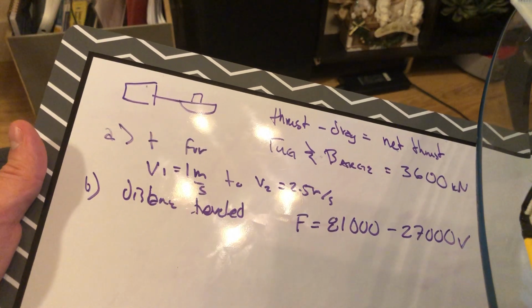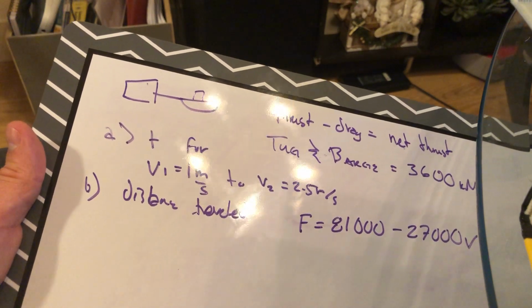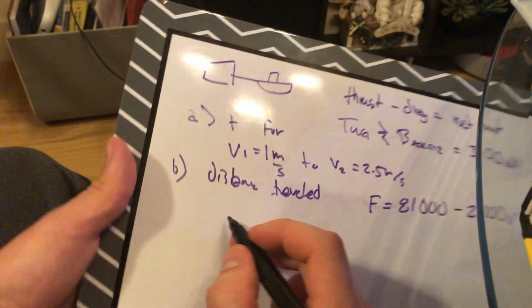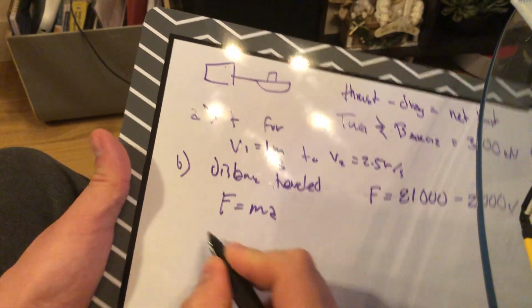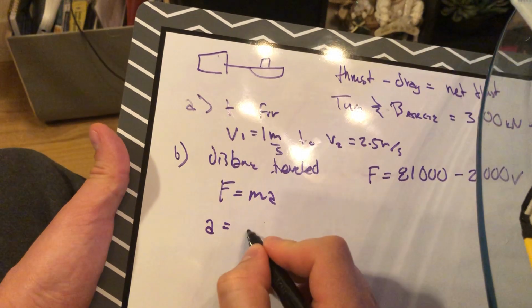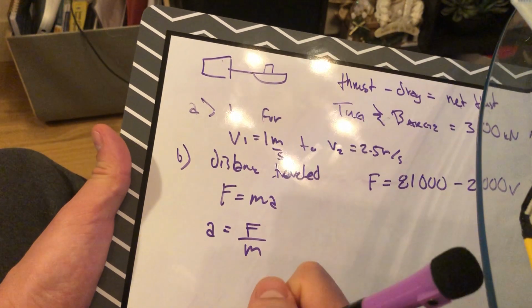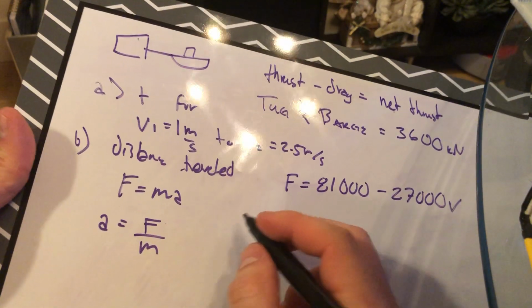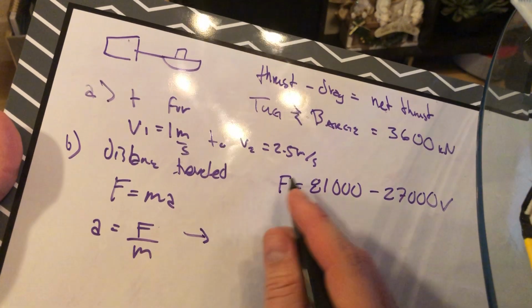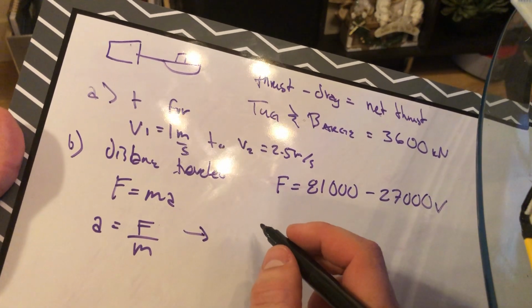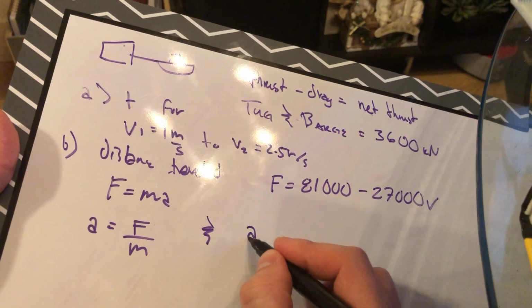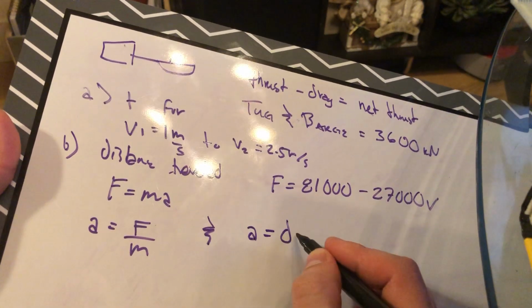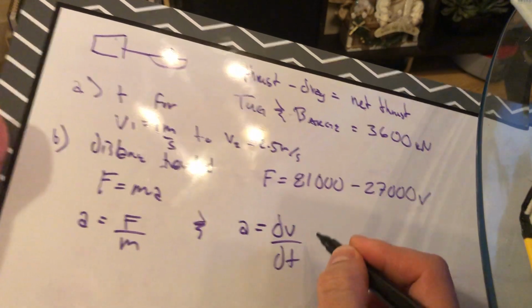So how do we approach this? Well, we know that F is equal to MA, which means A is equal to F over M. We are moving in the x direction here, and A is equal to the change in velocity with respect to time.